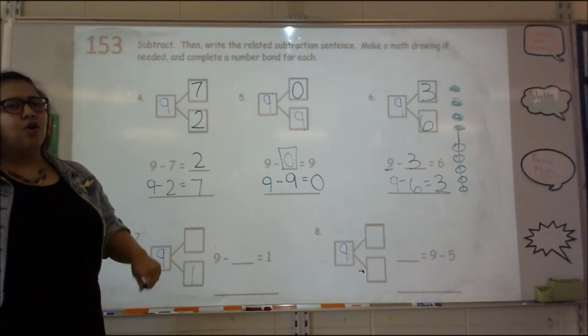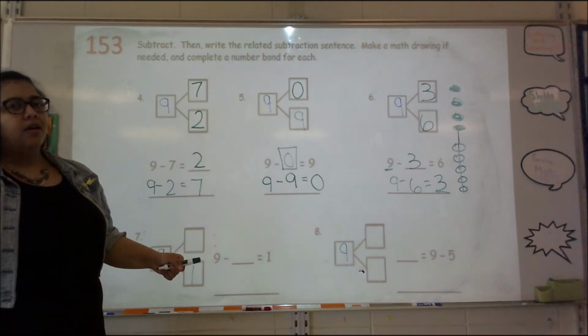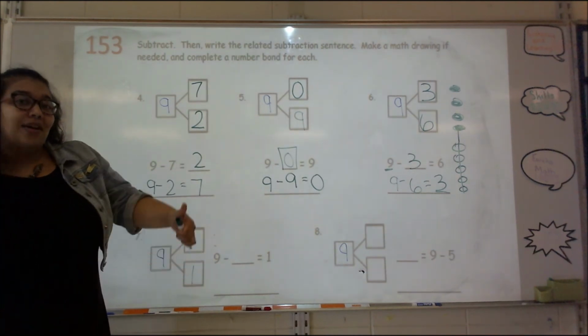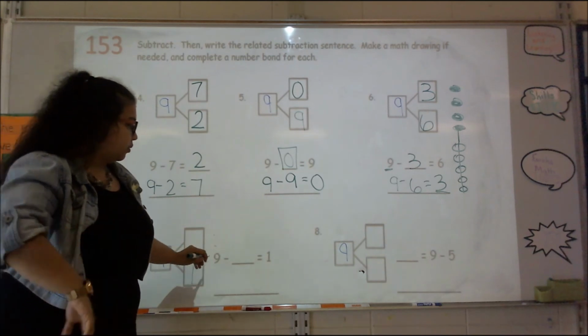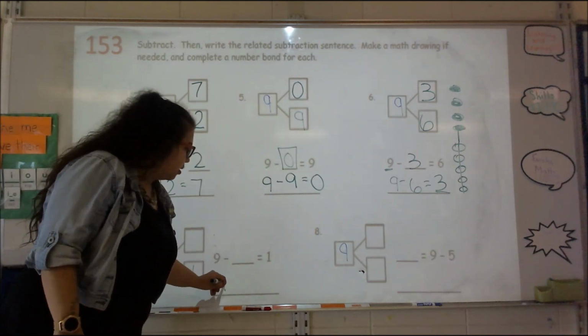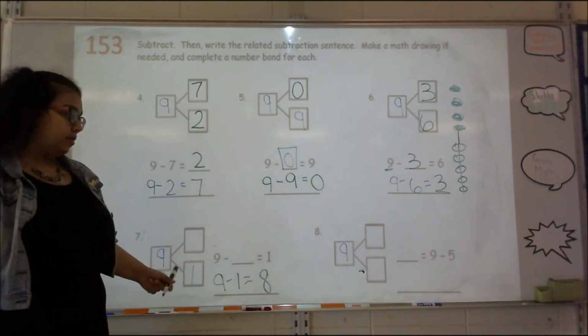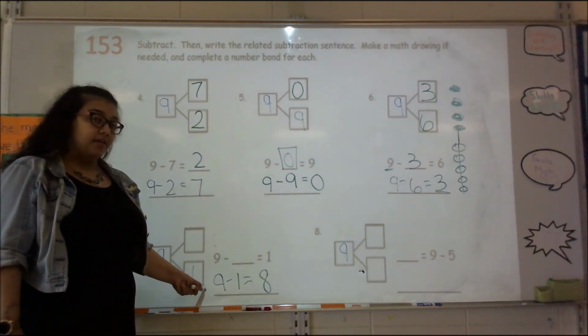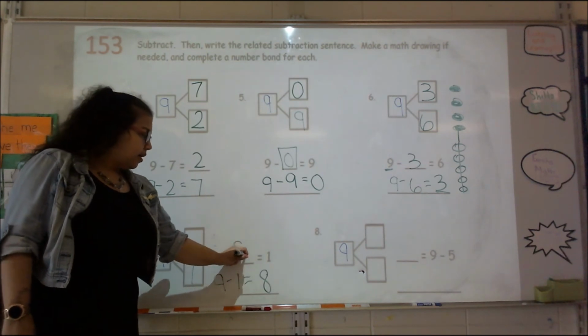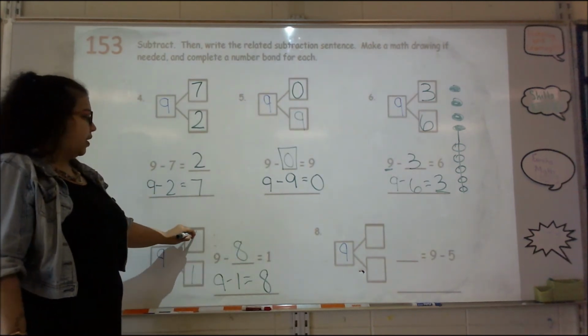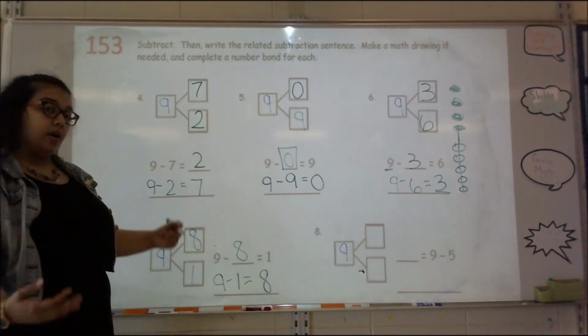If you were 9 years old, last year you were 8. So 1 less, counting back by 1. So 9 minus 1 is equal to 8, which also means that 9 minus 8 is equal to 1. And 8 is our missing part.